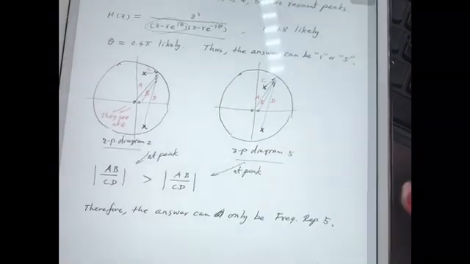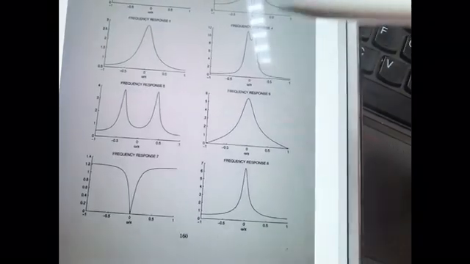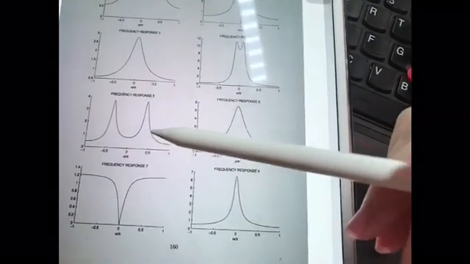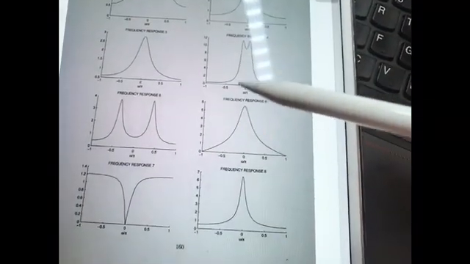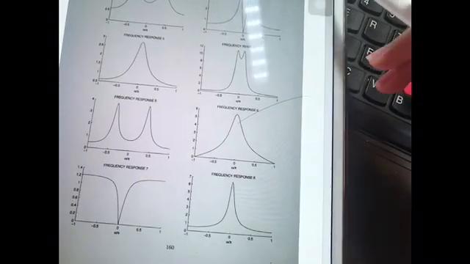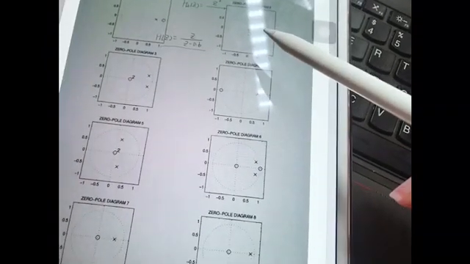So we come to the figure, and obviously number 5 is larger than number 1. So the second zero-pole diagram matches number 5.